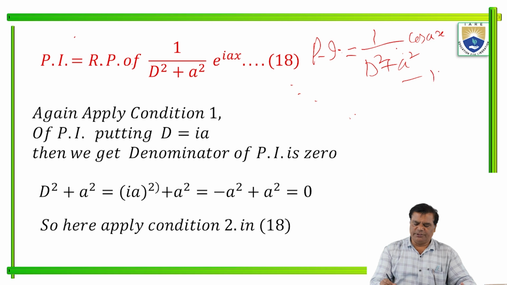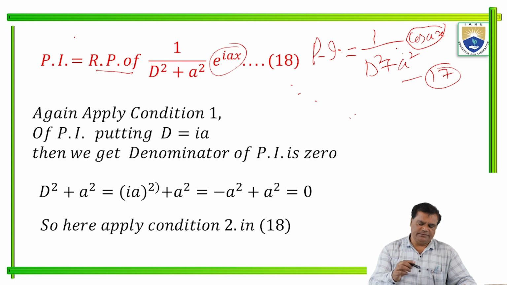In place of cos Ax, I am writing RP of e to the power iAx, where RP is the real part. If it is sin Ax, then I write e to the power iAx and IP, the imaginary part. If there is cos Ax, then I write RP, the real part.